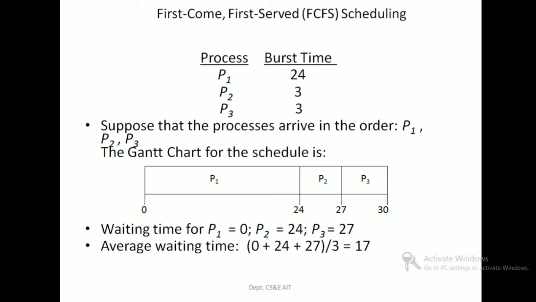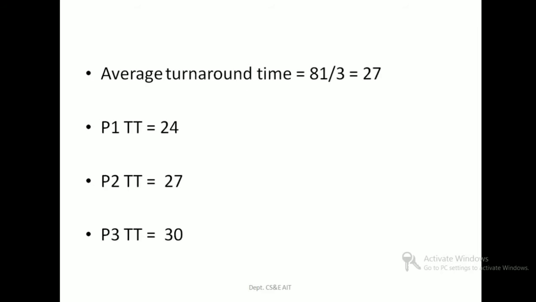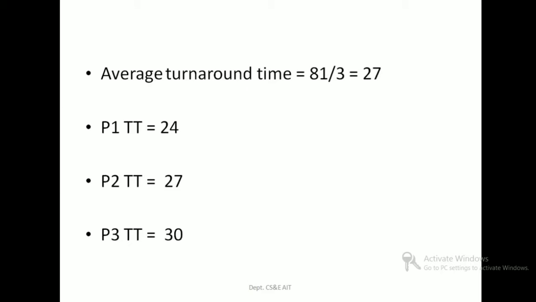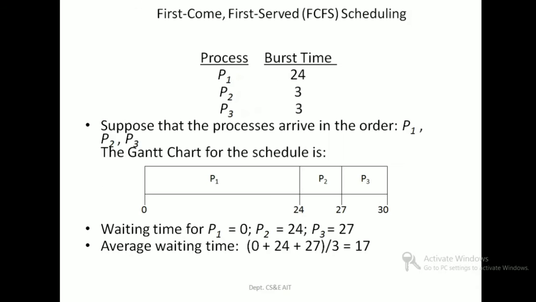Now, what about shortest job first? I just missed out the turnaround time, so let me take up that as well. So how do I calculate the average turnaround time? As the definition tells, it is when the process is completed.